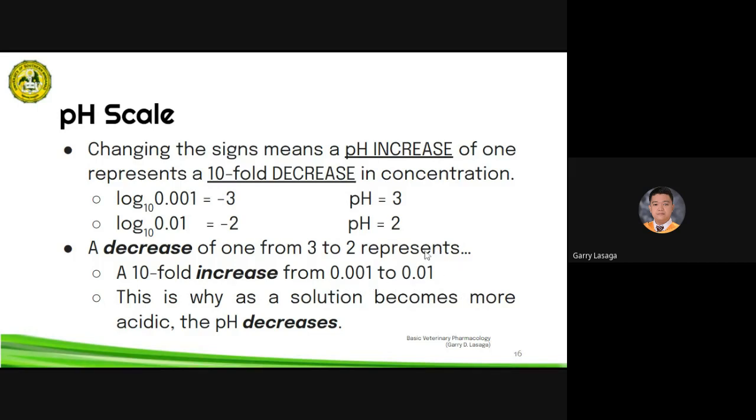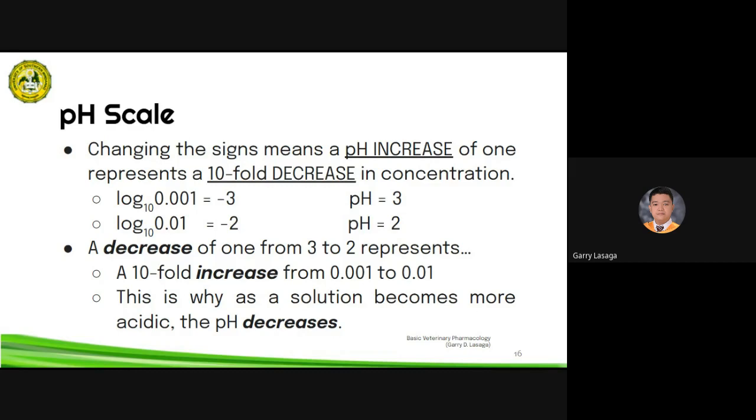Again, 0.01 is greater than 0.001. So there is a tenfold increase in the hydrogen ion concentration when we decrease our pH. This is why, as a solution becomes more acidic, the pH decreases.